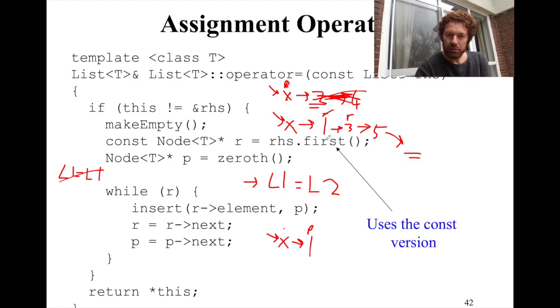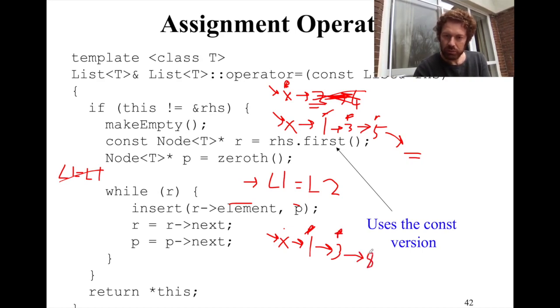And repeat. Is R okay? Yes, 3 is an okay value, not null. So insert 3 after P. And advance pointers, P is now this, and R is one more shot. Again, R is not null. Insert 5 after P, and I will trust that insert will work because I have implemented it previously.